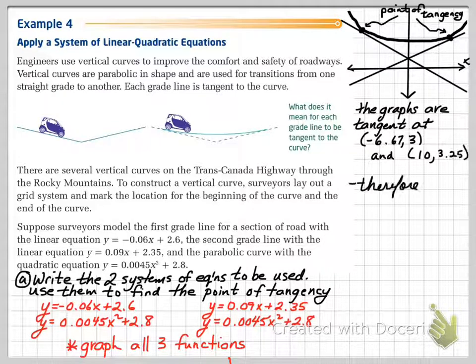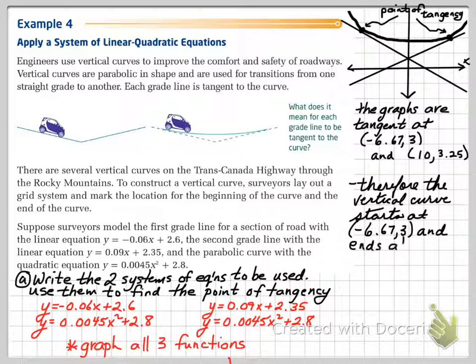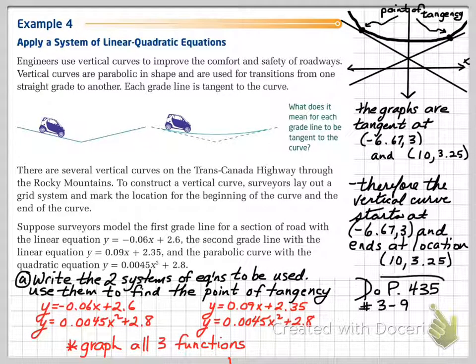So the graphs are tangent at (negative 6.67, 3) and at (10, 3.25). Therefore, the vertical curve is going to start at negative 6.67, and it's going to end at location (10, 3.25). So, for your assignment, do page 435, numbers 3 to 9.